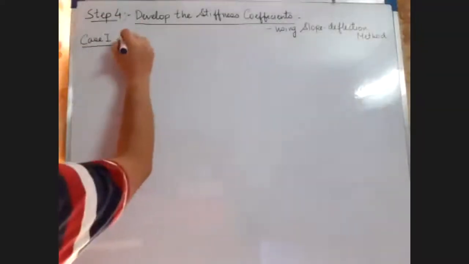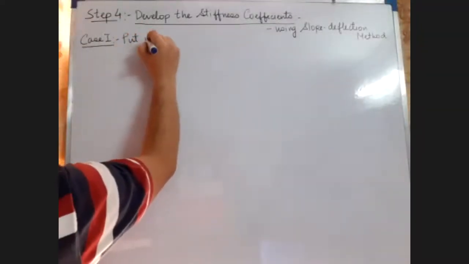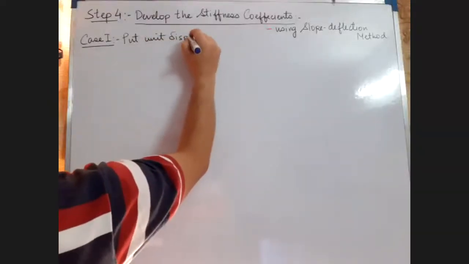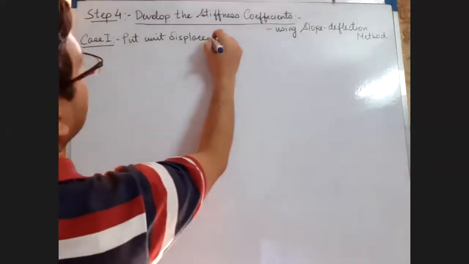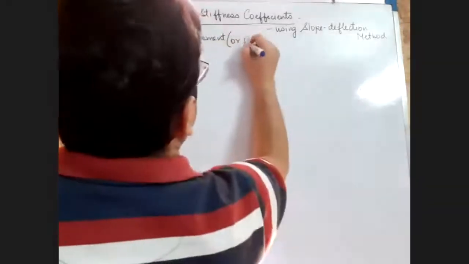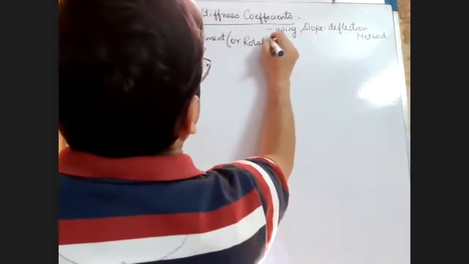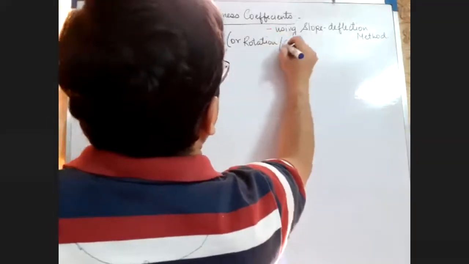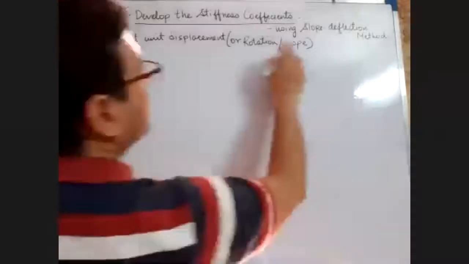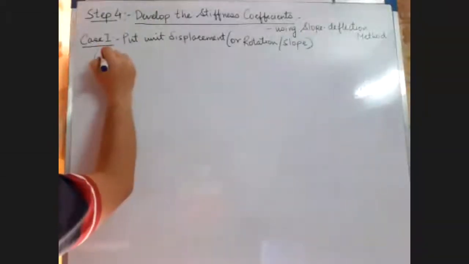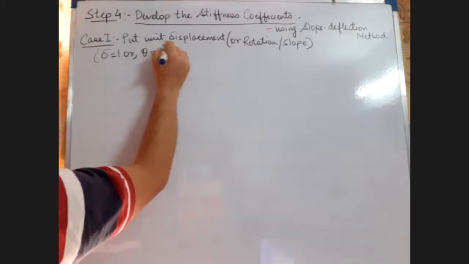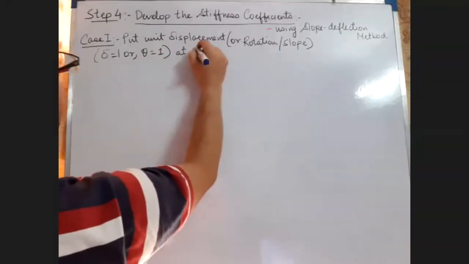So case 1, put unit displacement or rotation or slope. That means we can write delta equals 1, or theta equals 1, at coordinate 1.